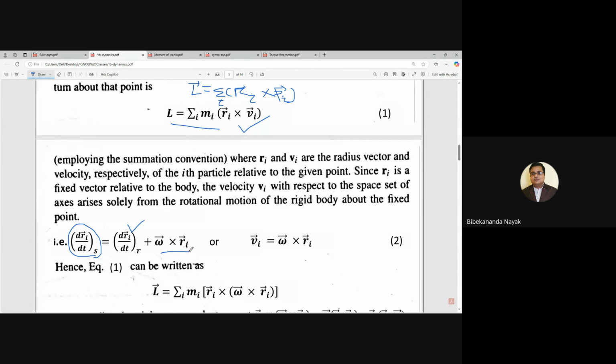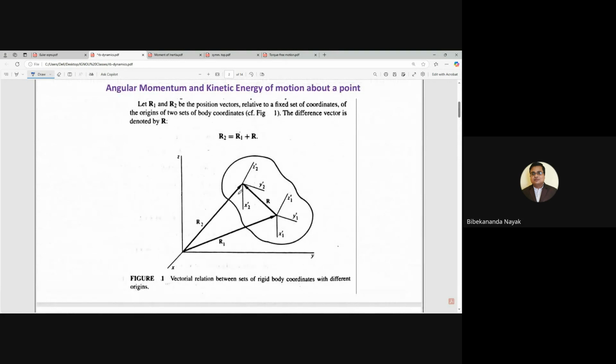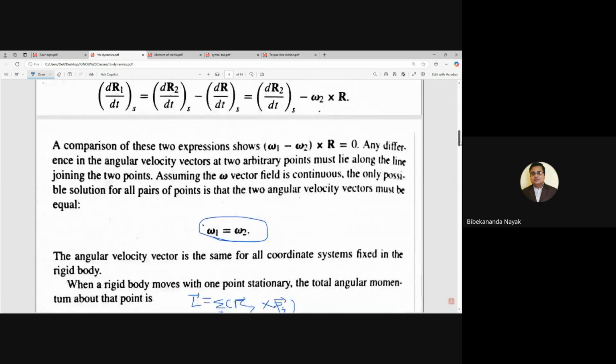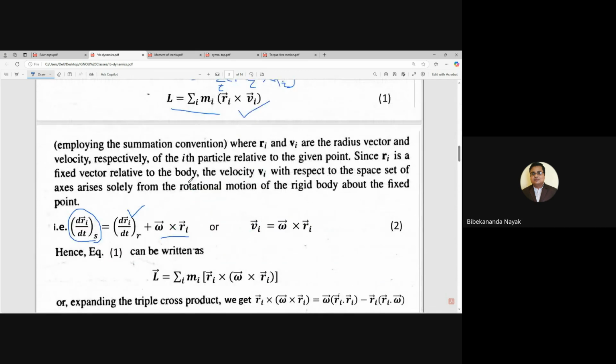In a rigid body, the distance between two points inside the rigid body is fixed. So if we take the origin here, with respect to it, for a fixed point Ri, the distance is fixed. Ri is the radius vector of the particle.